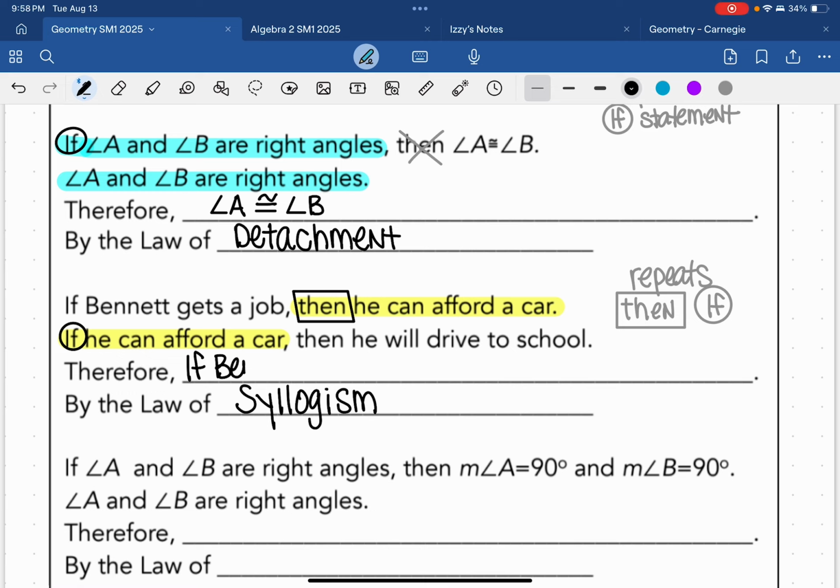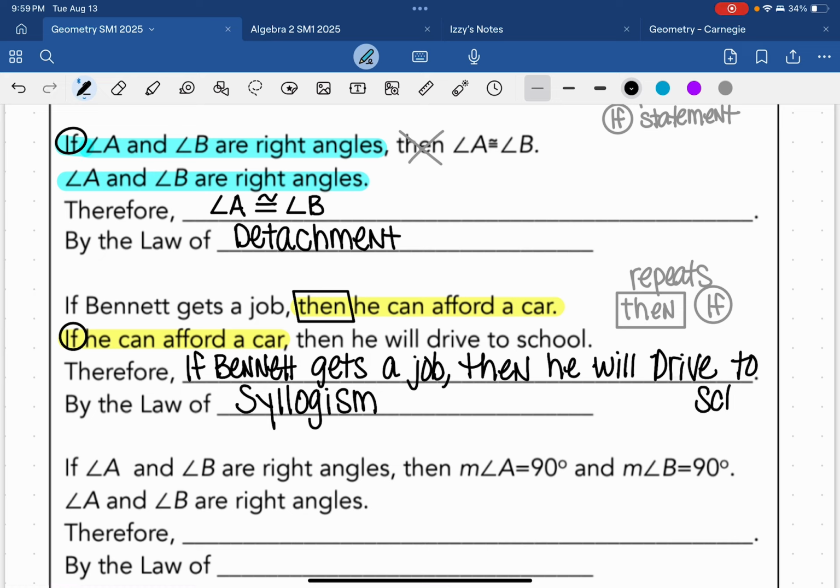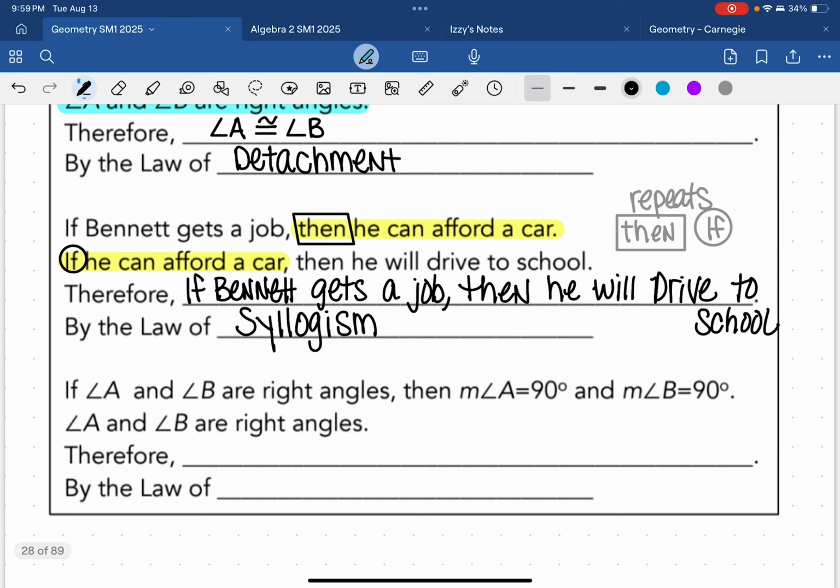If Bennett gets a job, comma, then he will drive to school. All right, perfect. Last one.